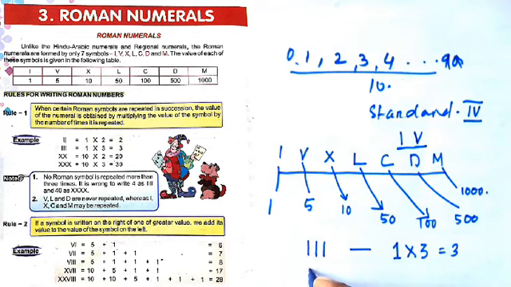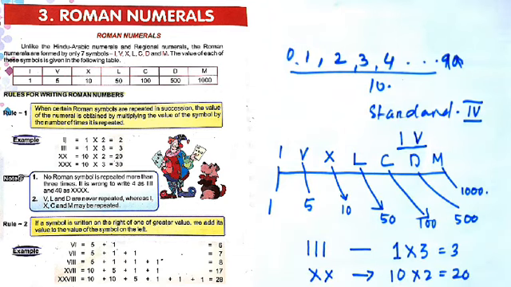If we write X 2 times, X means 10 into 2 is 20.